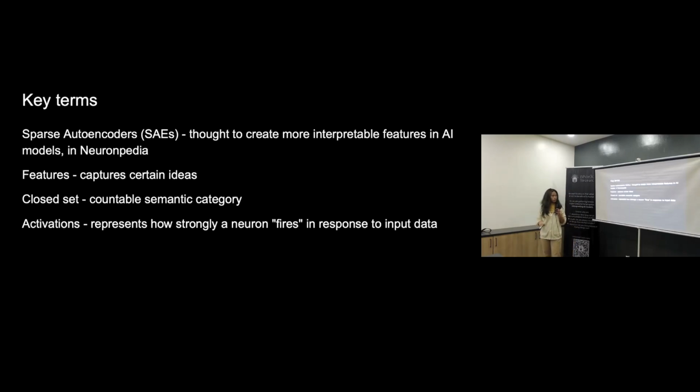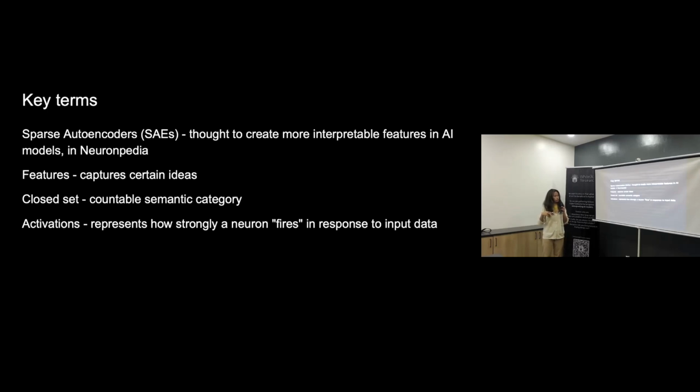Before I go on with my research, I'd like to just revisit some key terms so we could all follow along. SAEs are thought to create more interpretable features in AI models, and that's basically what's used in Neuronpedia.